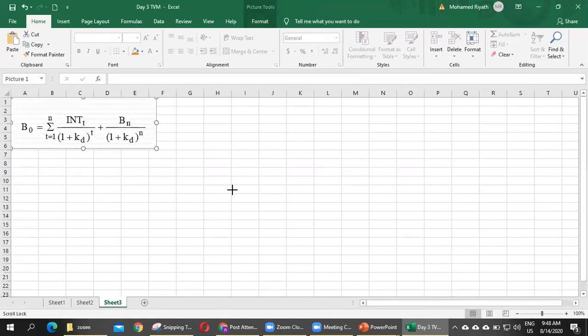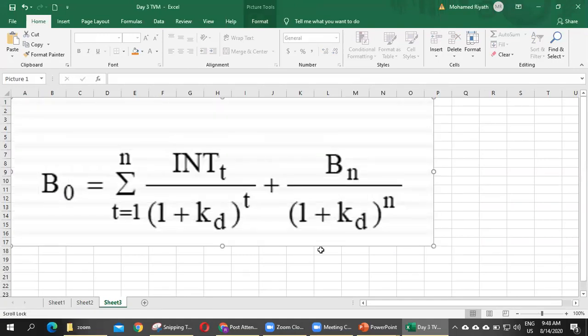This is the formula, right? Here, what we have studied in the previous chapter, we find V naught, the value of the bond today. And we have found this interest based on their coupon rate.